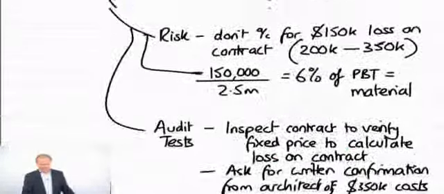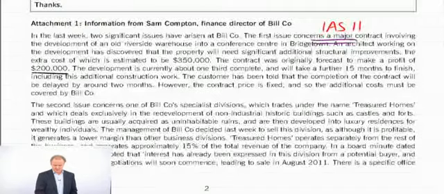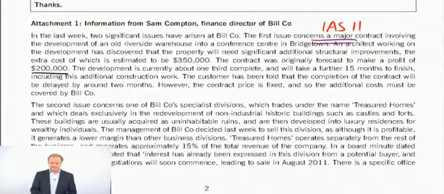So let's now take the same approach for issue number 2. Again, 8 marks for highlighting relevant accounting rules. What do we think they might get wrong? How material is all of this? And some audit tests. So back to the question we will go.